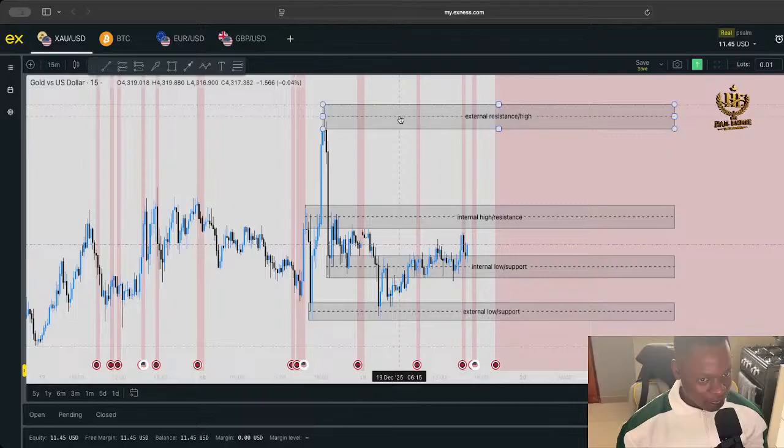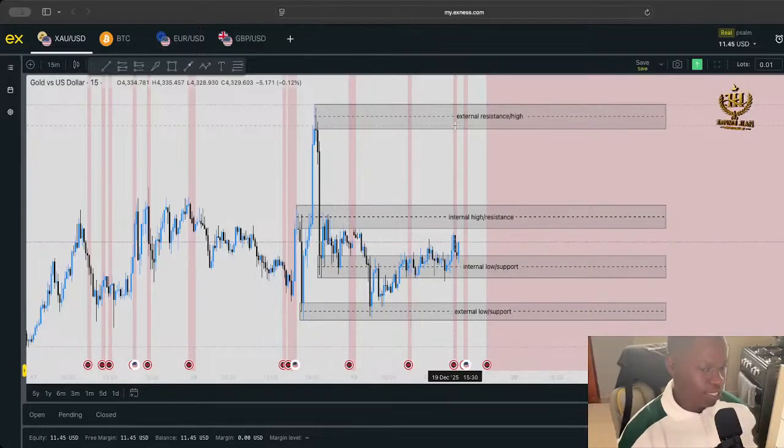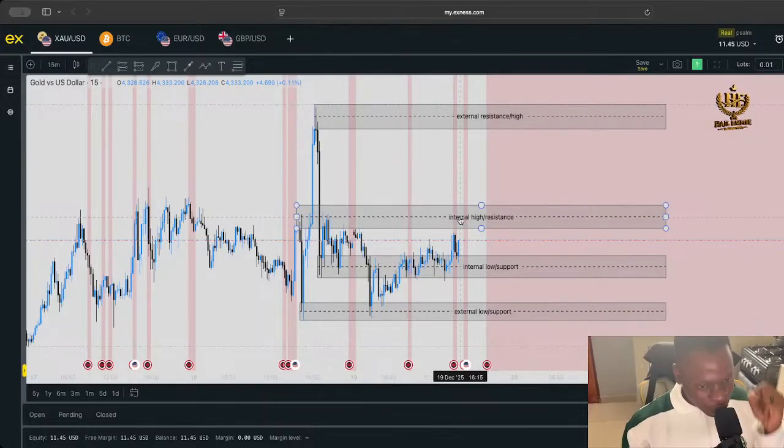So this high is the only one that hasn't been tested, or price hasn't mitigated it. That's the reason why I say if it breaks my internal high, I know for sure that price will go for that level.